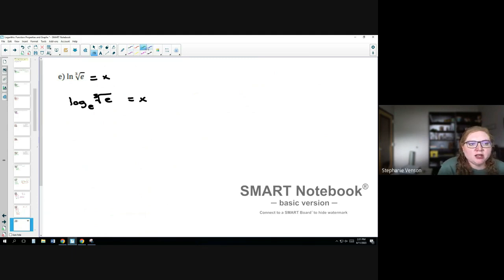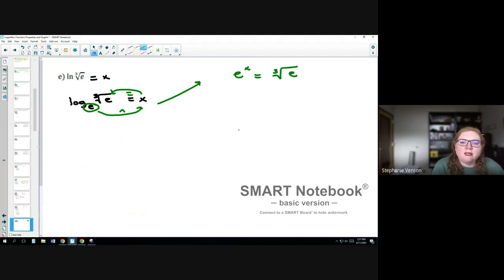Now that it's written like that, which we have done before, we're going to go ahead and use our little circle trick to rewrite this logarithmic equation as an exponential equation. So we have e raised to the other side of the equal sign set equal to what's inside. That's going to be e raised to the x is equal to the cubed root of e.